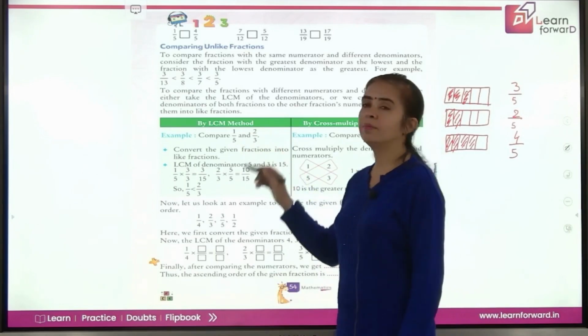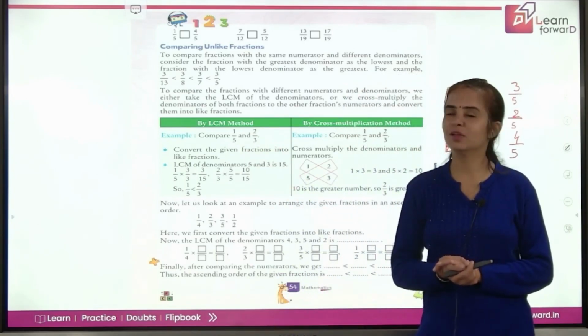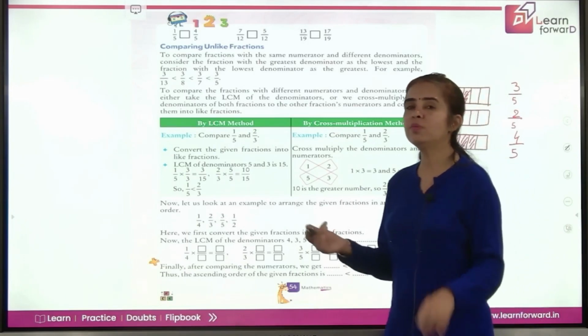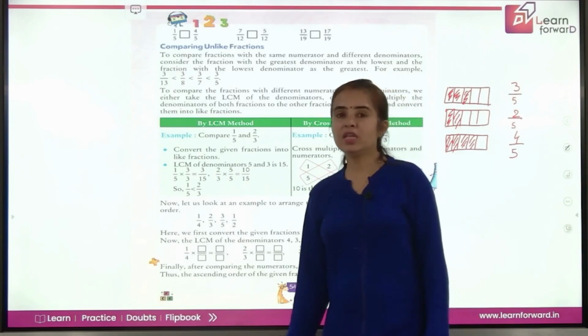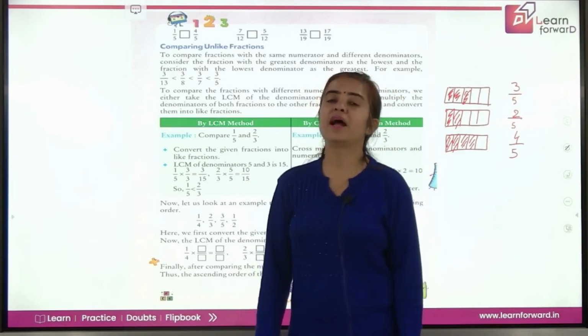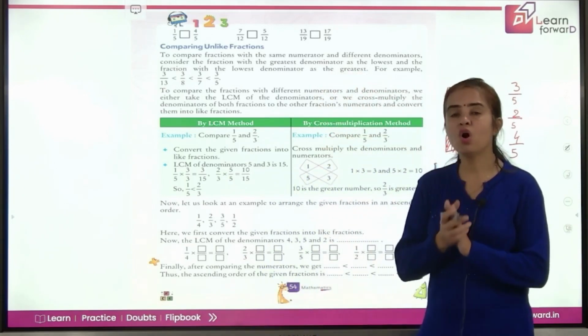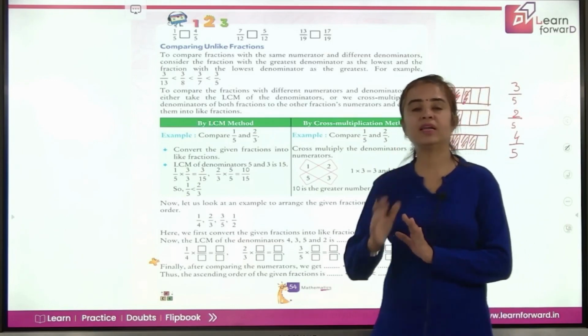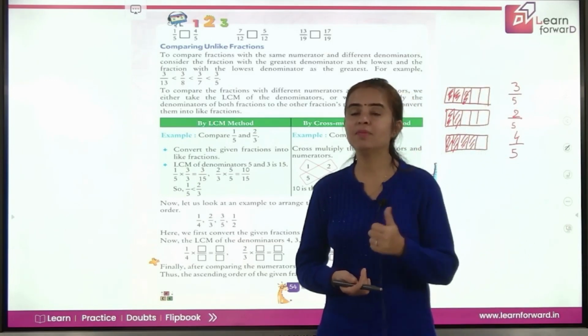If you have to compare 1 by 5 and 2 by 3, first tell me, are they like fractions? No, they are not. So we'll try to make them like by taking the LCM of their denominators. Now in equivalent fractions in your previous grade, you have already learned that we can make fractions equivalent by either multiplying or dividing both the numerator as well as denominator at the same time by the same number.